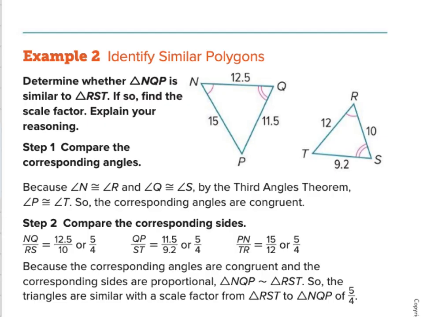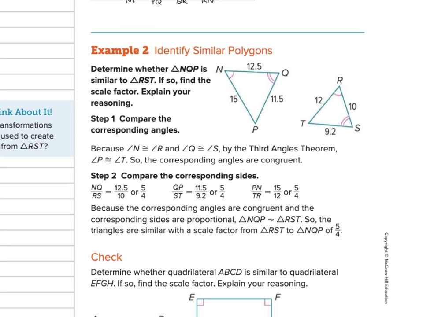So that is an accurate statement. Then correspondingly, looking at the values, NQ over RS is 5/4. QP over ST is 5/4. And then PN over TR is 5/4. So all three sides are proportional. They equal the same scale factor. So therefore, it is a similar polygon, and the scale factor is 5/4.